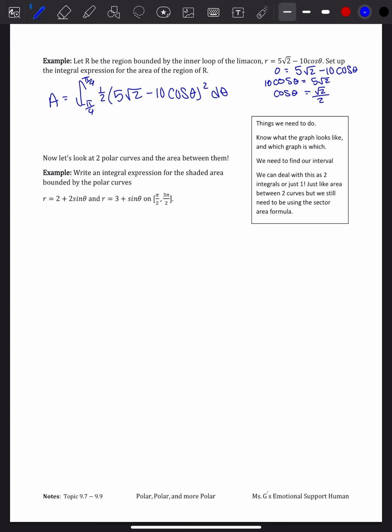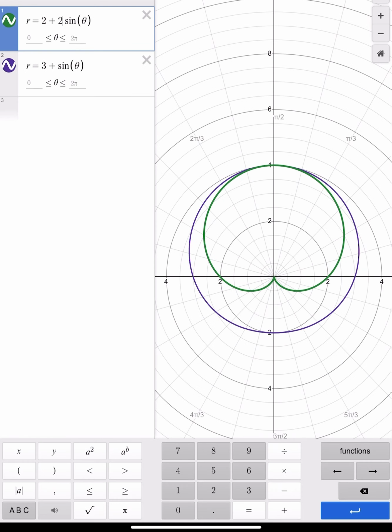We have 2 plus 2 sine theta and 3 sine theta, and we're looking at them only between pi over 2 and 3 pi over 2. So here's what our graphs look like as a whole.